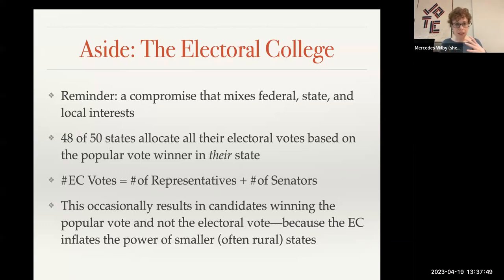Now, in the House, things are allocated proportionally. So that still gives larger states more of a say in the Electoral College vote by sheer numbers, but it gives the smaller states just a little bit more power because those 2 senators inflate the voice of the smaller states just a little bit.